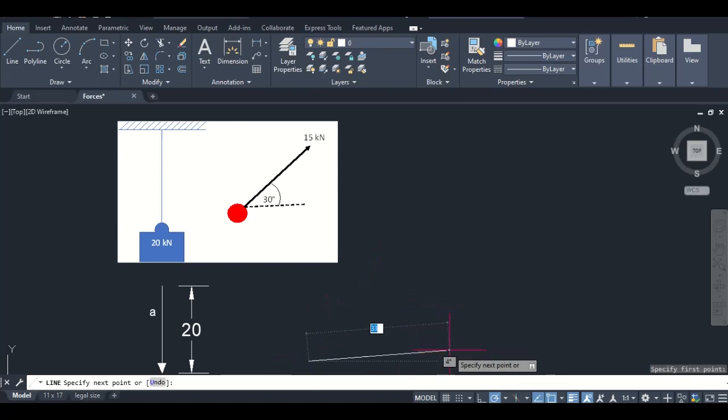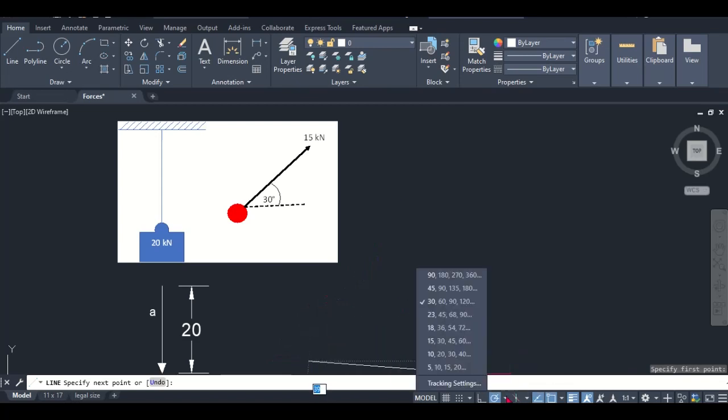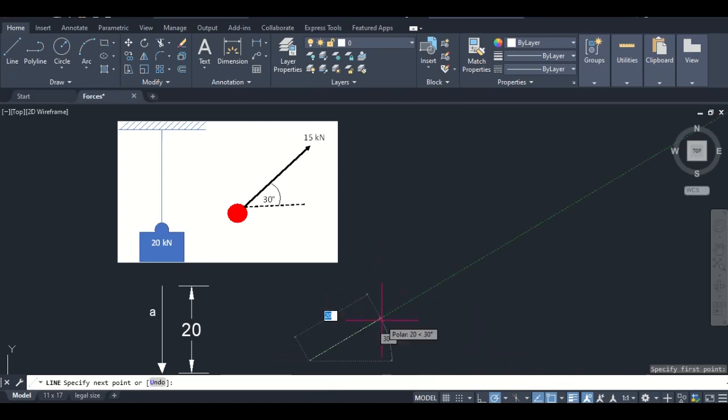We could have used polar and set to 30. It's already set to 30, so that's one way. So polar set to 30, and then you would recognize that you're getting what we call tracking, a tracking line at 30 degrees.